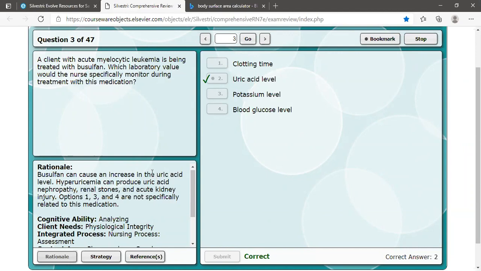If the uric acid level goes up and accumulates in the body, the patient develops renal stones, or uric acid causes nephropathy, meaning pathology in the kidney, or can cause acute kidney injury. So an increased uric acid level is most appropriate with this chemotherapeutic agent. What next?